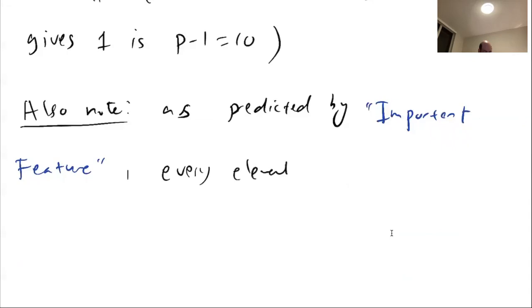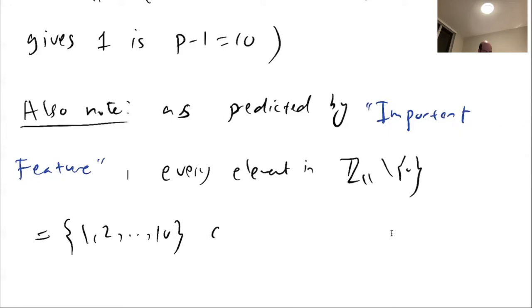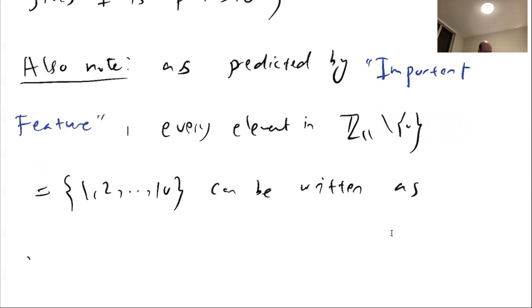every element in Z11 except 0, which is the same as 1, 2, all the way to 10, can be written as a power of r equals 2.